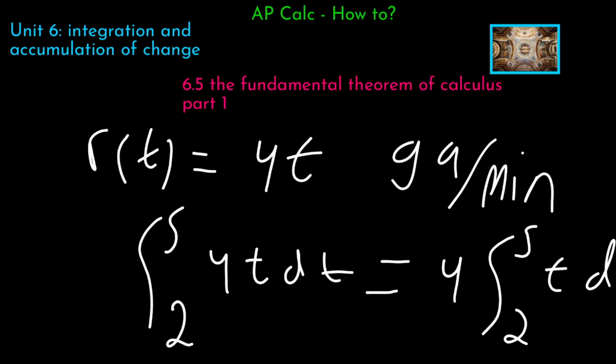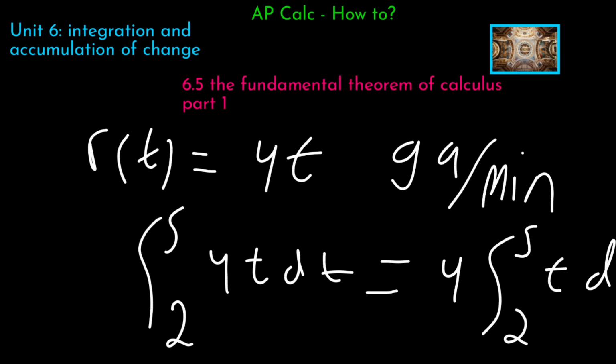So let's summarize what we learned today. Here's what you need to take away from FTC Part 1. It lets you evaluate definite integrals by finding antiderivatives. You can compute using the formula that we learned. It tells you the total accumulated change over an interval.